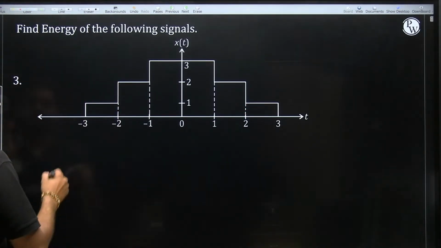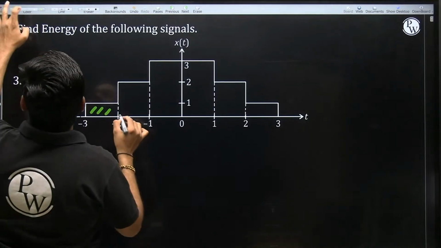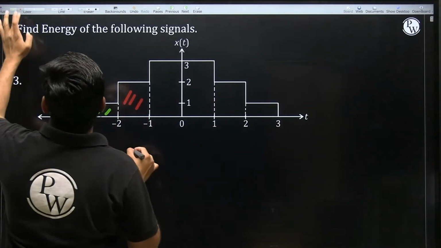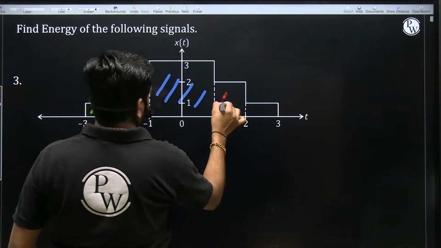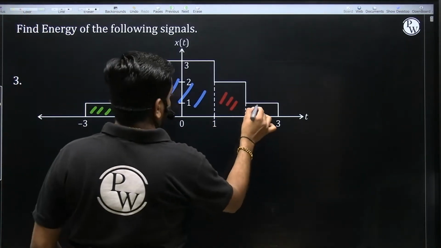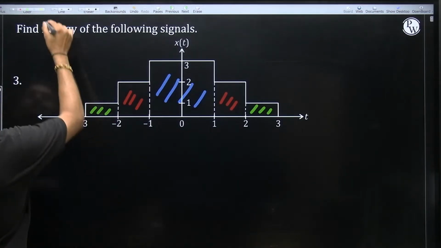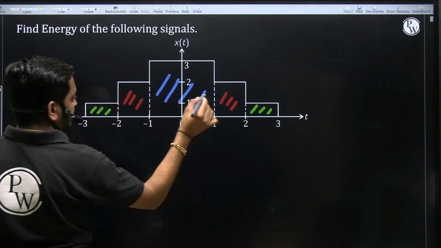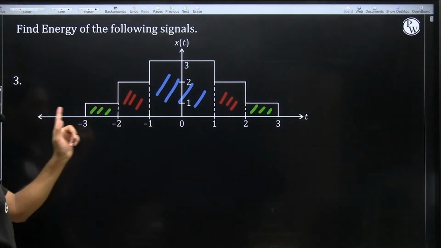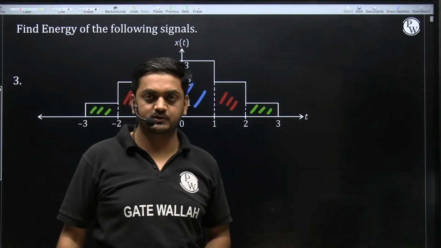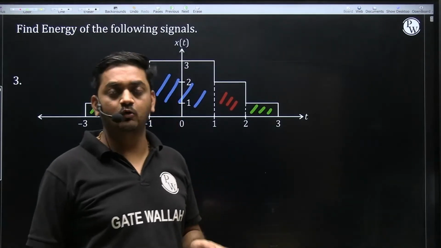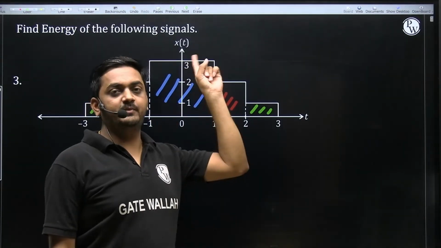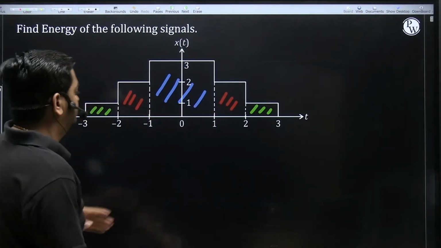First this one, then this, then this one, and this. So x1, x2, x3, x4, and x5. The summation of these 5 signals is x of t, of course, and the multiplication of any two signals is 0. So that's why the total energy of x of t will be the sum of the individual signal energies.